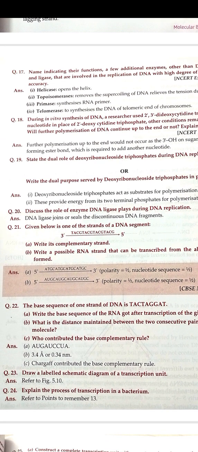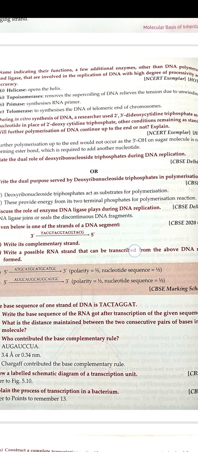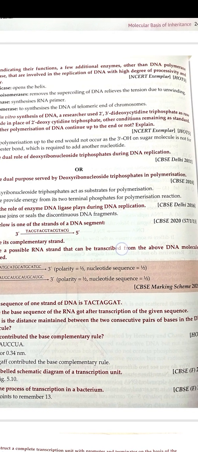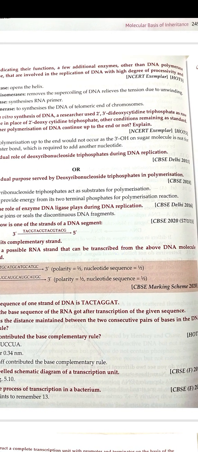Next, question number 19. State the double role of deoxyribonucleoside triphosphate during DNA replication, or write the double purpose served by deoxyribonucleoside triphosphate in polymerization.